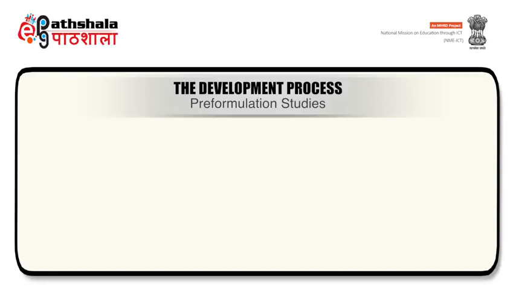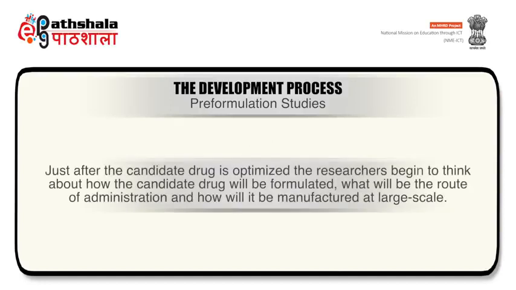The first step in the drug development process is pre-formulation study. Just after the candidate drug is optimized, the researchers begin to think how the candidate drug will be formulated, what will be the route of administration, and how it will be manufactured at large scale.